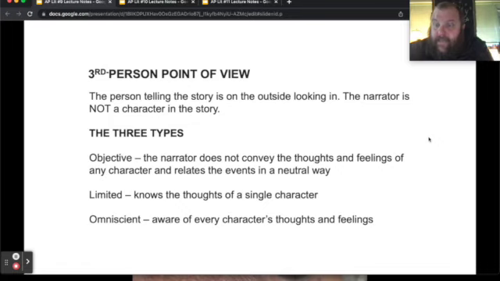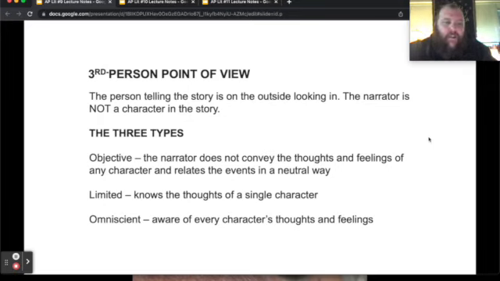There are 3 types of third person point of view. There's the objective, so third person objective. That means the narrator does not convey the thoughts and feelings of any character, and they relate the events in a neutral way. Then there is third person limited, and that means that the narrator knows the thoughts of a single character. Right?